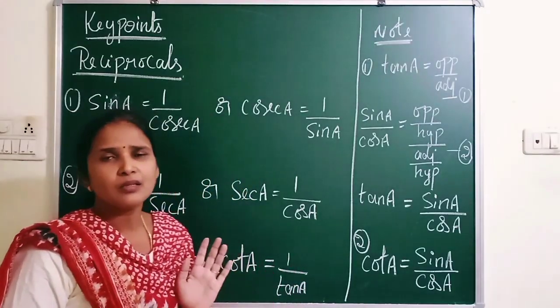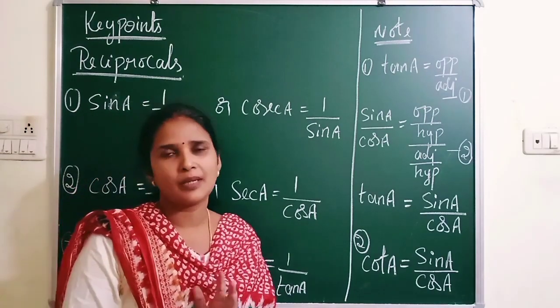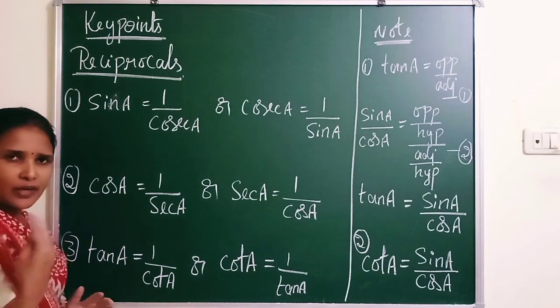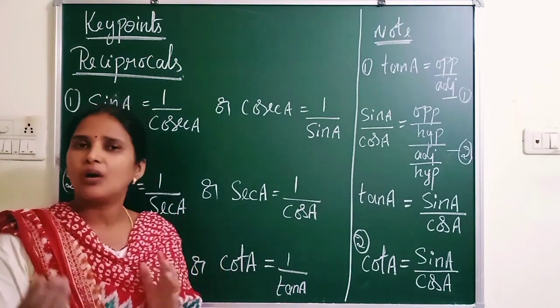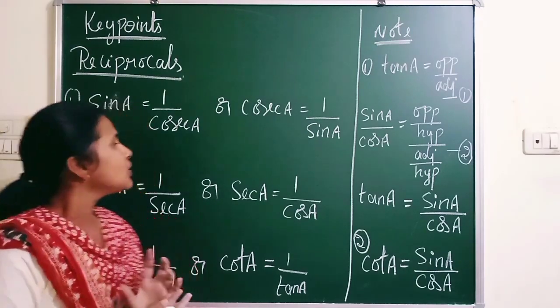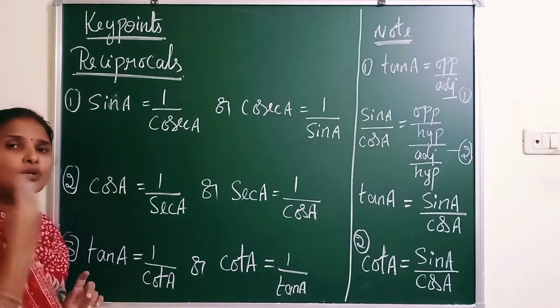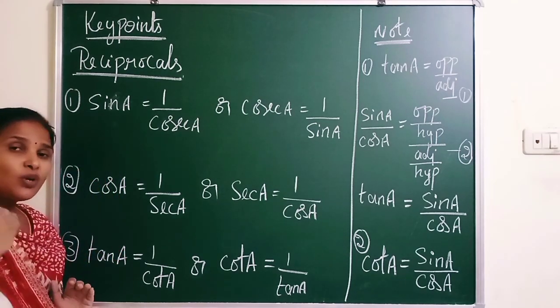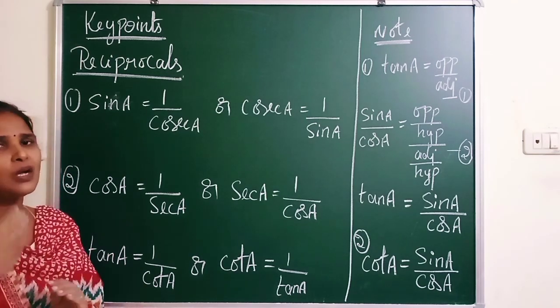Now let us learn the relationship among these 6 trigonometric ratios. As I already explained all 6 trigonometric ratios, and the meaning of reciprocal. Here sine A equals opposite by hypotenuse, and cosec A is the reverse, hypotenuse by opposite.